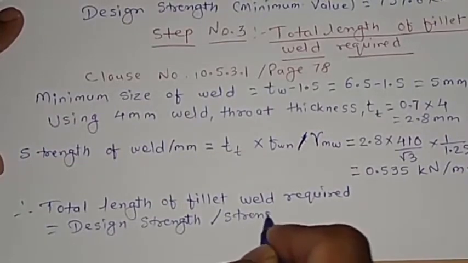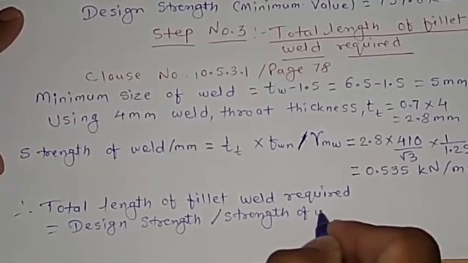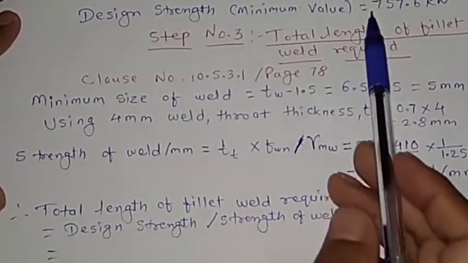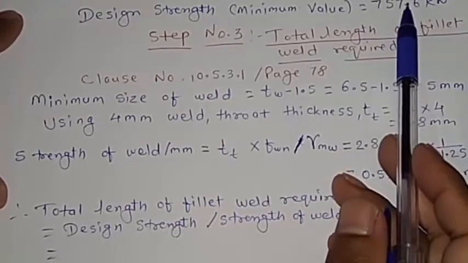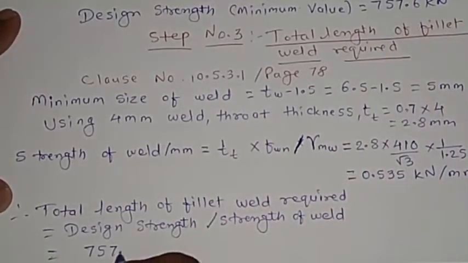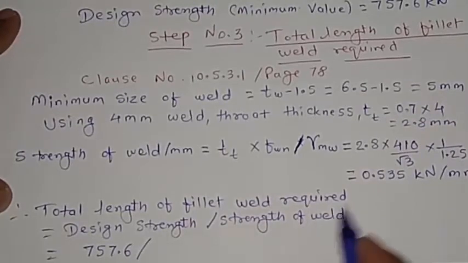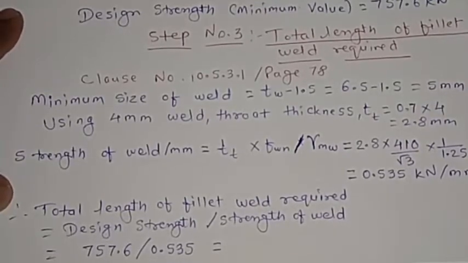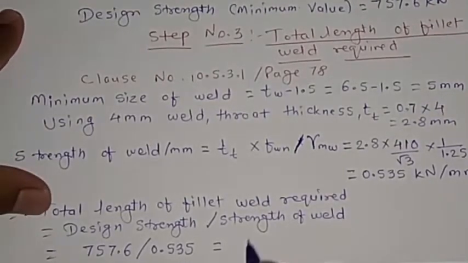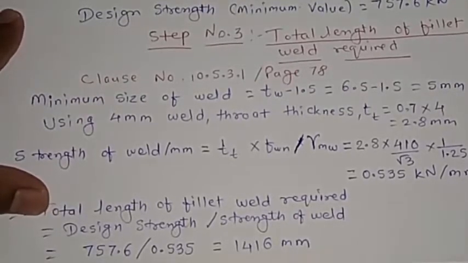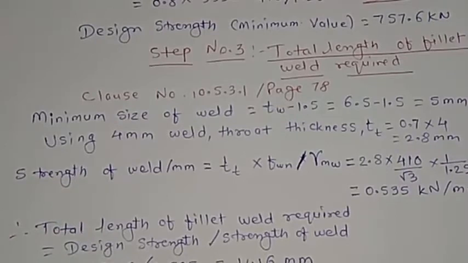Design strength, you got it, that is 757.6 kilonewton, divided by strength of the weld 0.535. Now if you calculate this, you will get around 1416 mm. So that's the total length of the fillet weld required to connect.